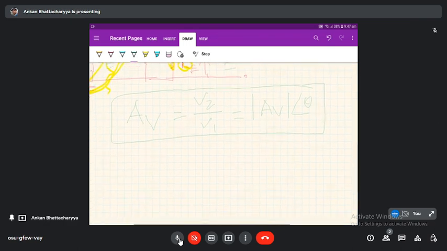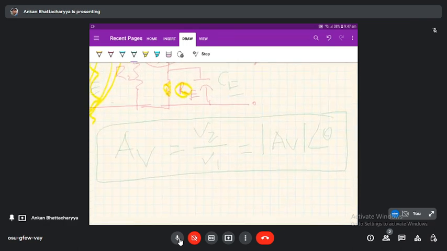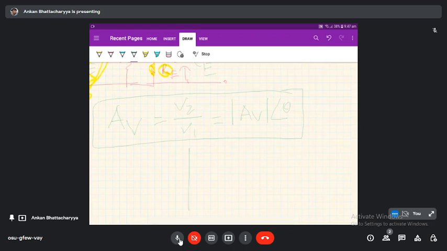Very important. If we plot along y-axis the magnitude of voltage amplification and along x-axis we represent the frequency, then we will obtain a result like this, in which the mid frequency range, where the magnitude of the voltage amplification remains constant but the phase angle is at 180 degree, is known as the mid frequency gain.